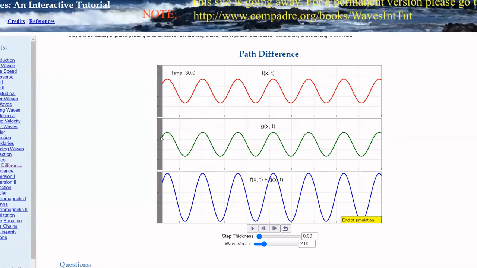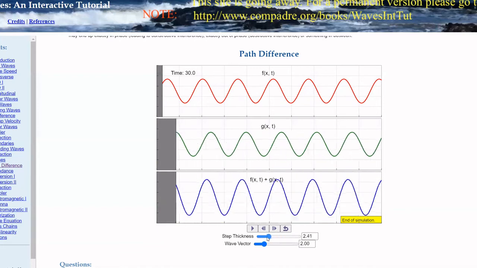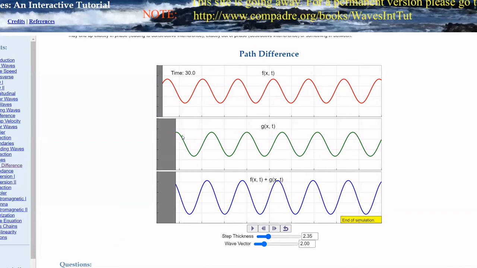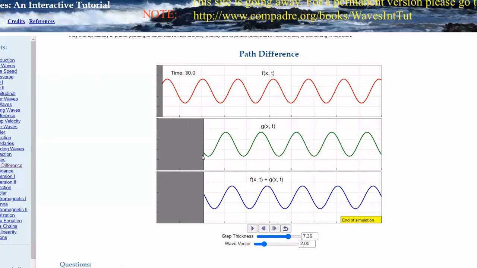As I scoot this step thickness to the right, you'll notice that the phase of the green wave at the boundary changes. Right now it looks like its phase is pi over 2 because it's at a peak. And when I move it to the right, now the phase is different.